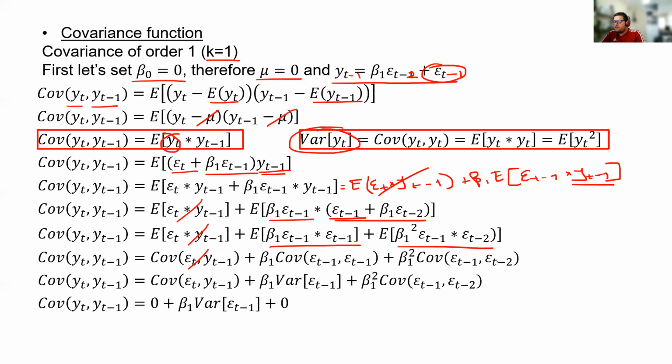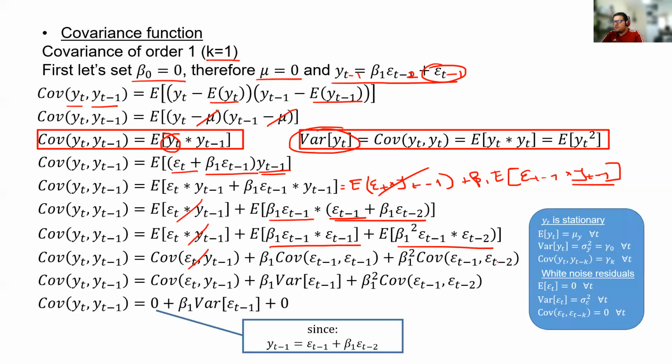Sorry, I had to get a little bit ahead. You guys remember that the covariance of error terms at different points in time will be equal to 0. So this goes to 0, and this goes to 0 for what I mentioned before: yt minus 1 does not have et in any of these terms, so this will disappear.